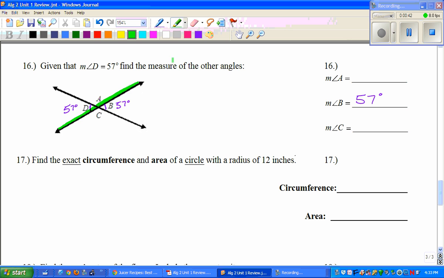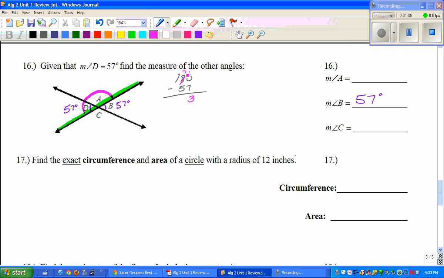That's a straight line, and we know that a straight line has a measure of 180 degrees. So if I take 180 and subtract 57, I'm going to find out what A is. So we need to borrow. 10 minus 7 is 3.